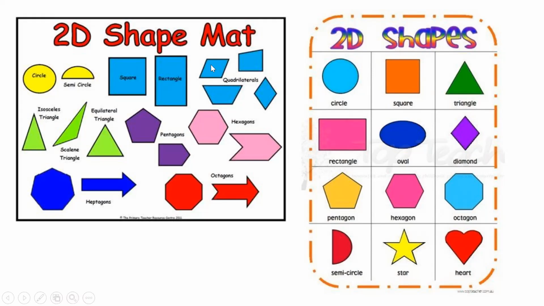Yeah, and then parallelogram. Parallelogram is jajaran genjang. And then we also have star, and then heart, and then diamond, oval. And I believe you can find more examples on Google.